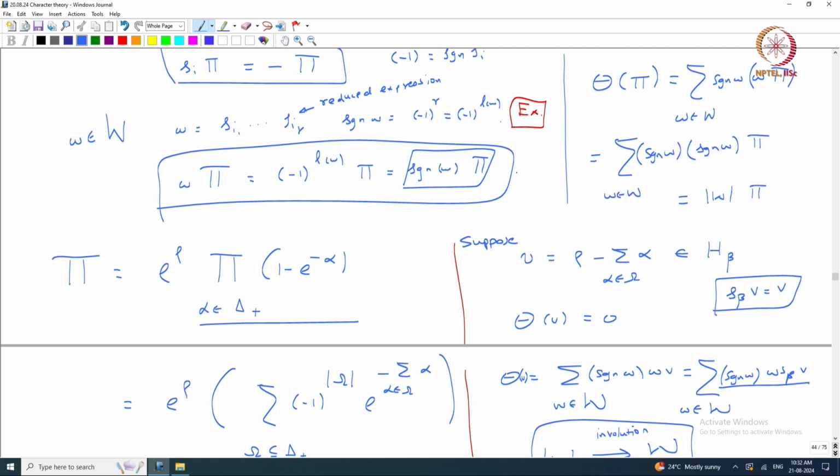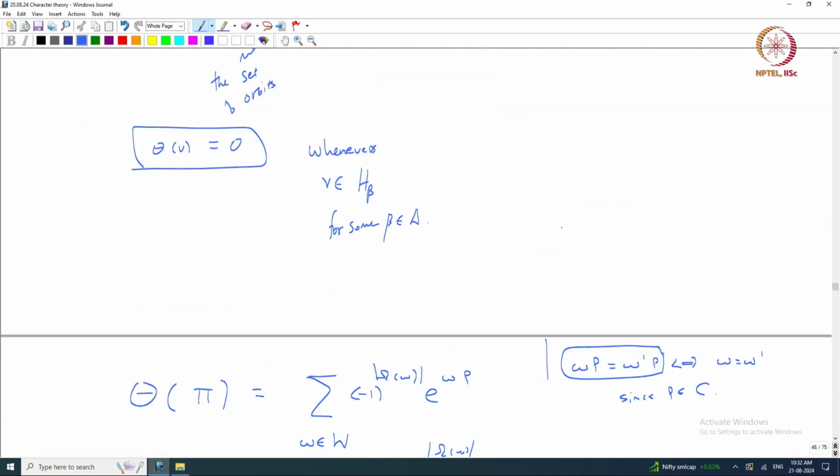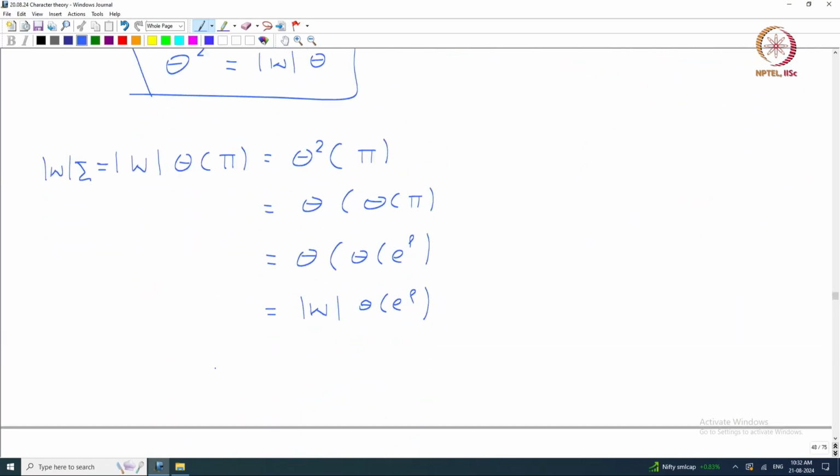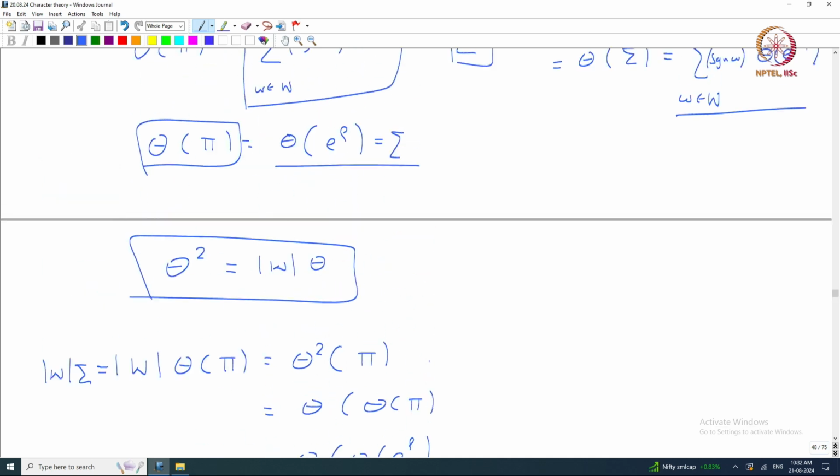So, if you put them together, you see that theta of pi is already given by the cardinality of W times pi. So, then we do not need to worry about all this.